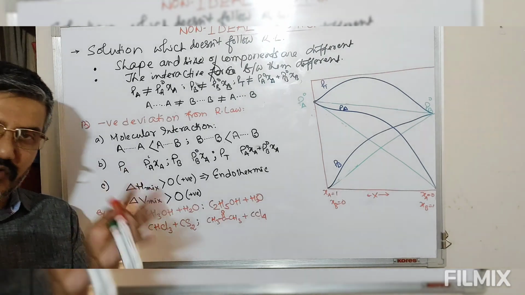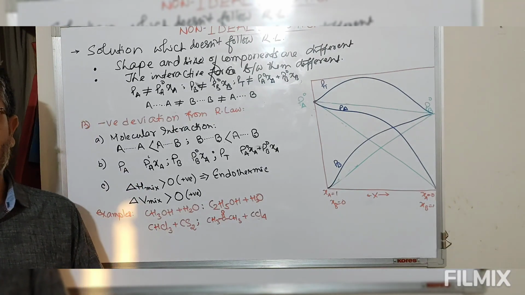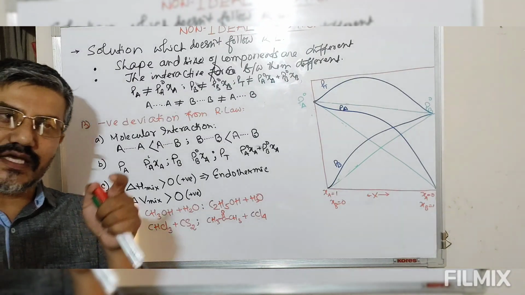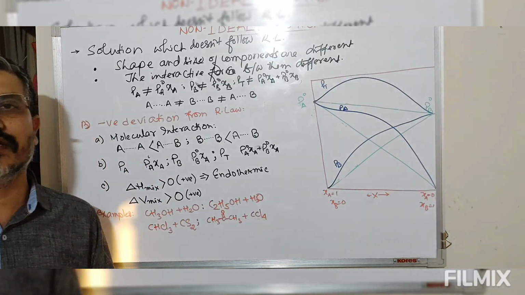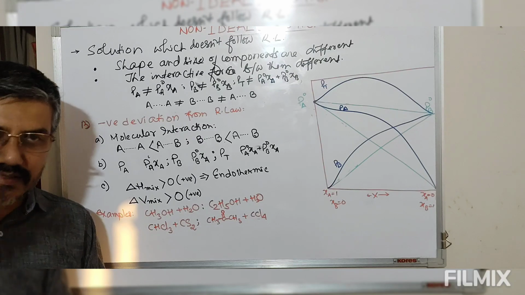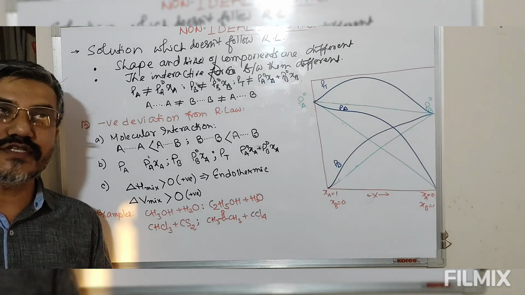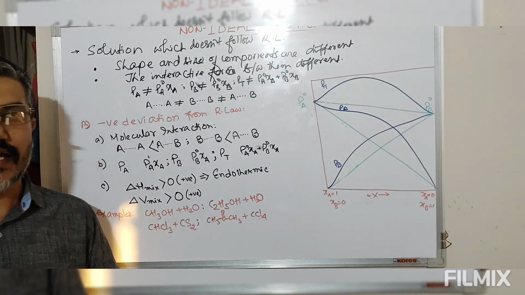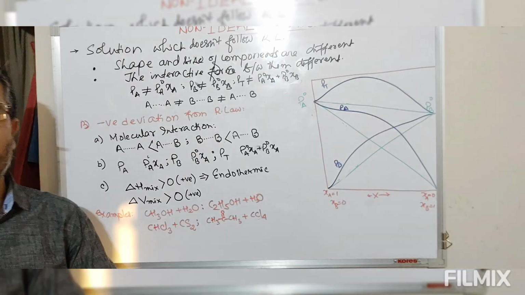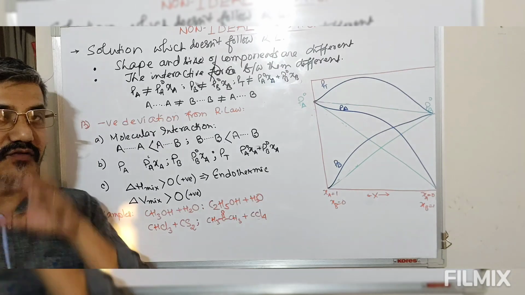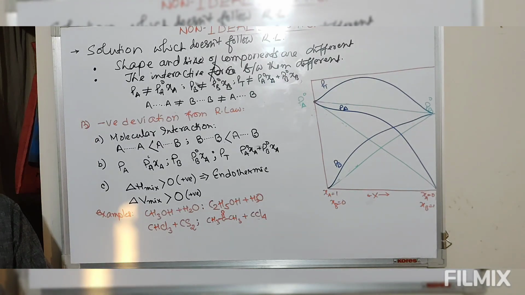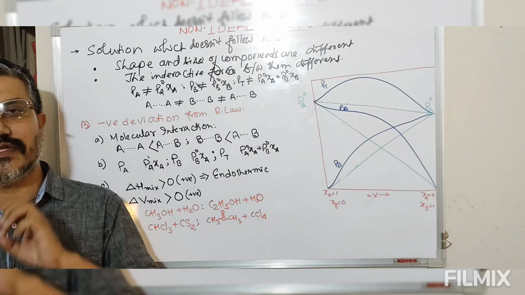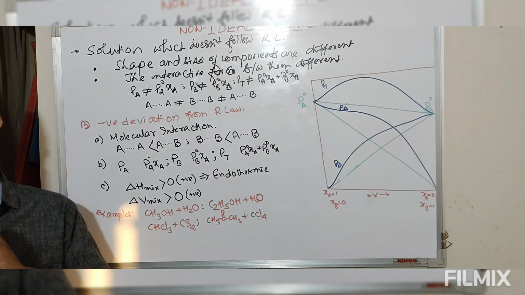When they are comfortable in the presence of each other, they will try to remain in the liquid solution. If A and B try to remain in the liquid solution, then the tendency for A to escape into vapor or B to escape into vapor will decrease. As fewer molecules of A and B go into the vapor phase, the vapor pressure of A and B will always be less than the one expected from Raoult's law.